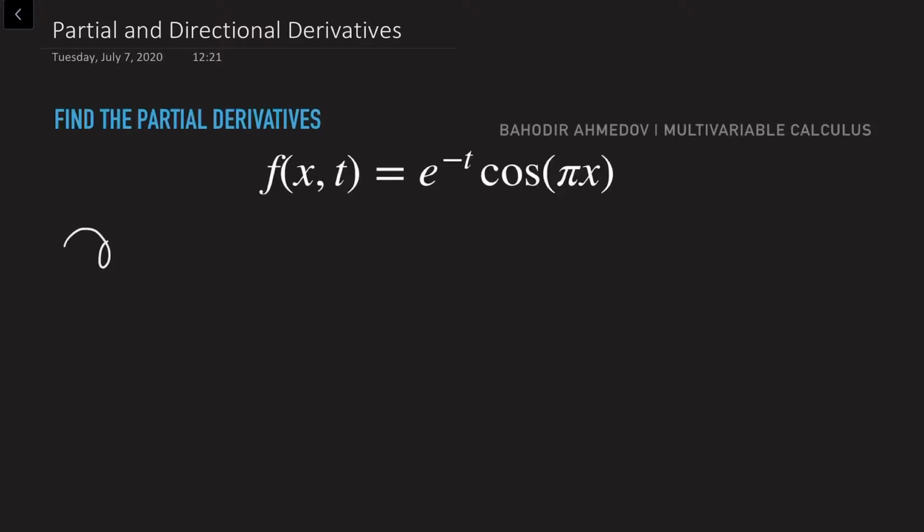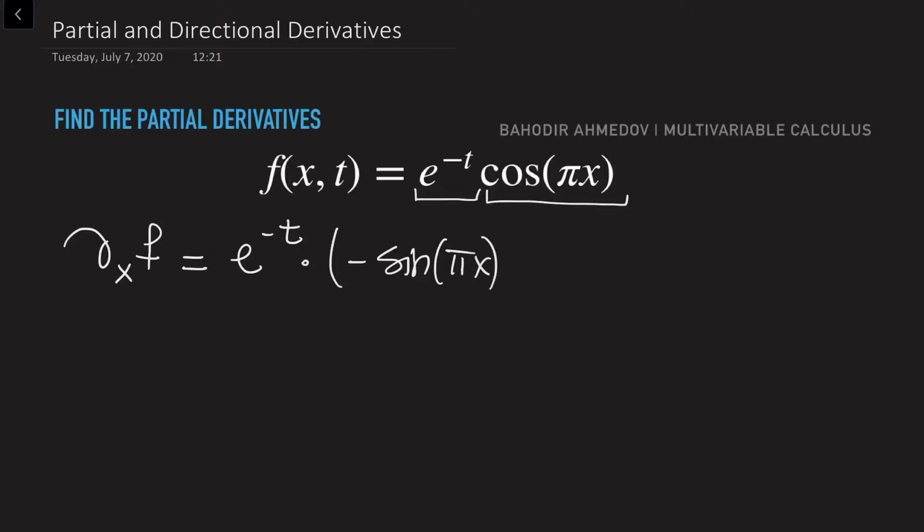So the partial derivative of f with respect to x is going to be equal to... So t is going to be considered as a constant. So basically e to the power of minus t is going to be just a constant. That is why it is going to be here, e to the power of minus t times. Now we're going to take the derivative of this term, which depends on x, which is going to be minus sine of pi x, right?